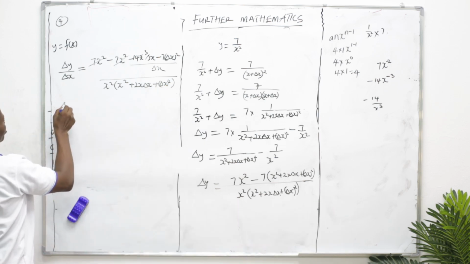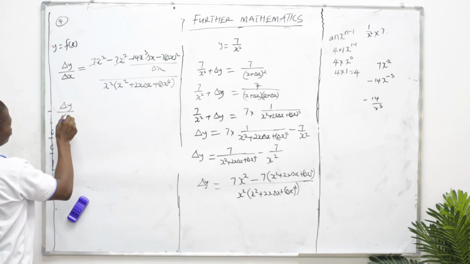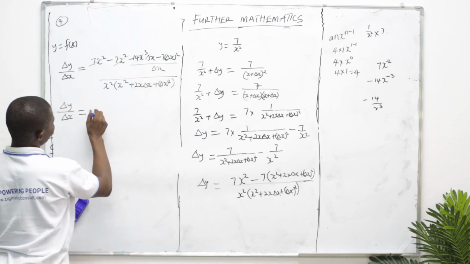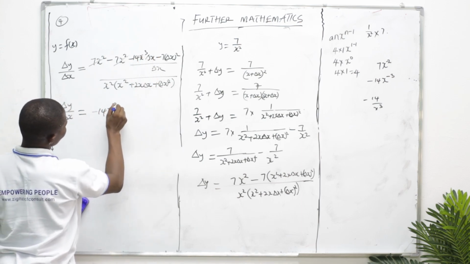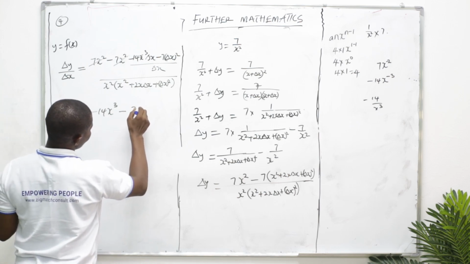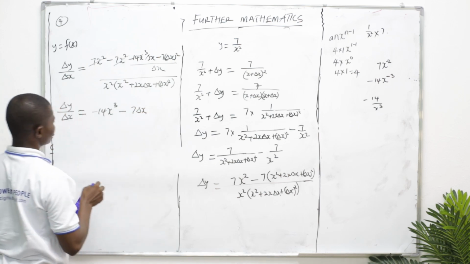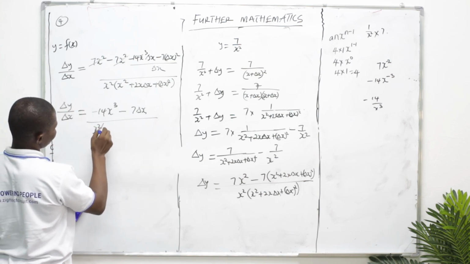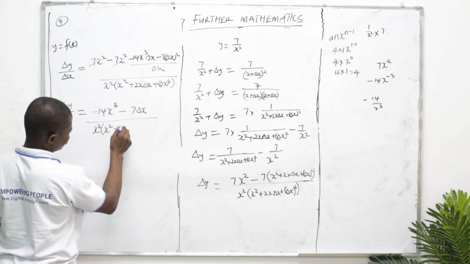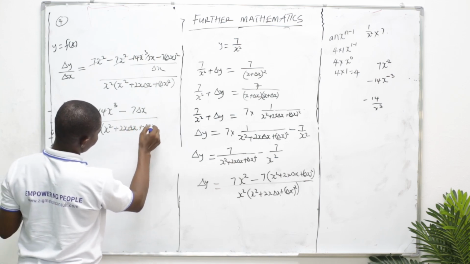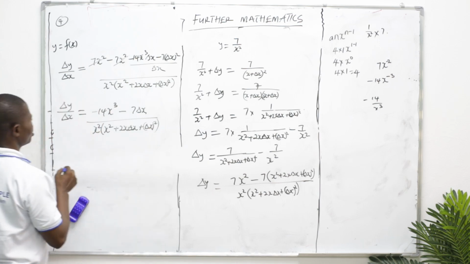So dy ds now equals minus 14s cubed, then minus 7 changing s, divided by s squared into s squared plus 2s changing s plus changing s all squared.